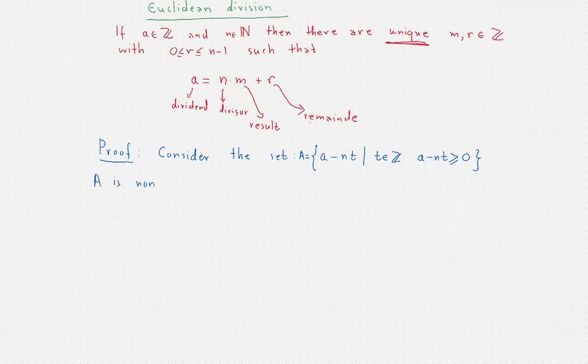And the classical thing to do here is to just take a huge, it doesn't even have to be huge, number, which is negative, as T. So if we take, for example, A minus N times, and now take minus the absolute value of A. I'm putting absolute value so as to make sure that this is large enough.